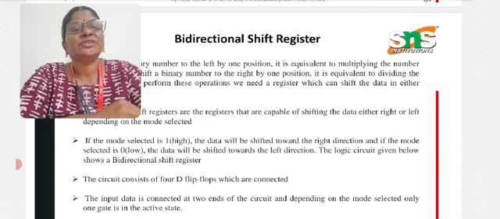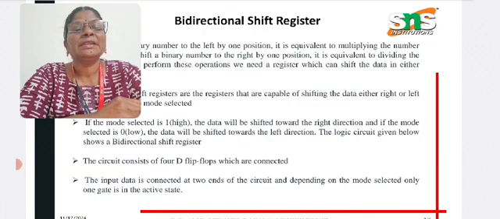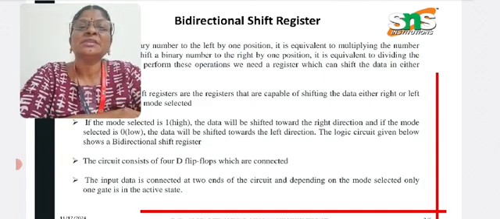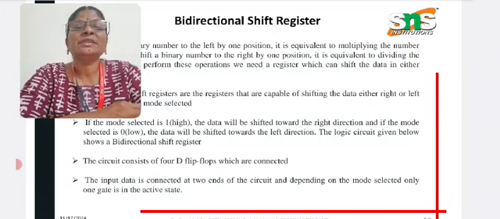So these are registers capable of shifting the data either right or left as per the mode selected. In the mode selection, we have two options, one is high and one is low. If the logic is high, it shifts towards the right direction, and if the logic is low, then it shifts to the left direction.